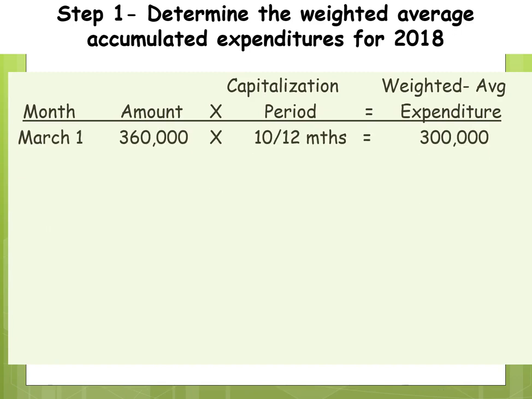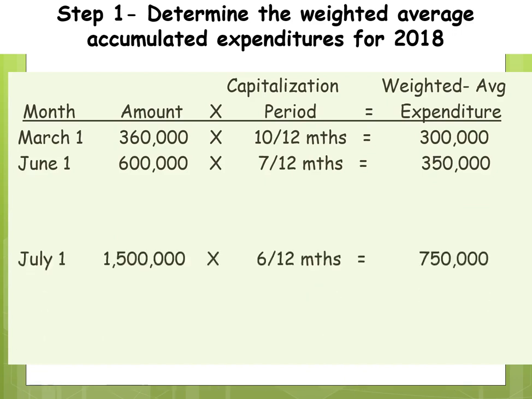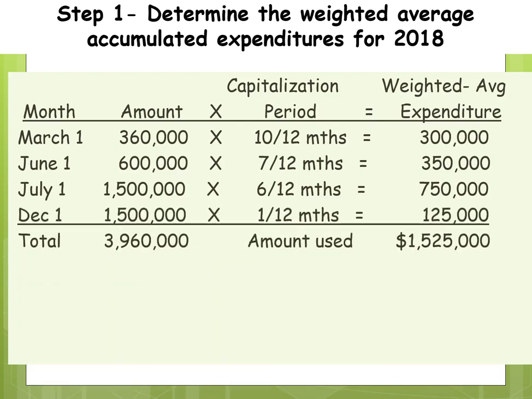So our $360,000 expenditure would be outstanding for 10 months. So we take 10 divided by 12, so the weighted average of that is $300,000. Our next expenditure would be 7/12. Our next would be 6/12. And our last would be 1/12.